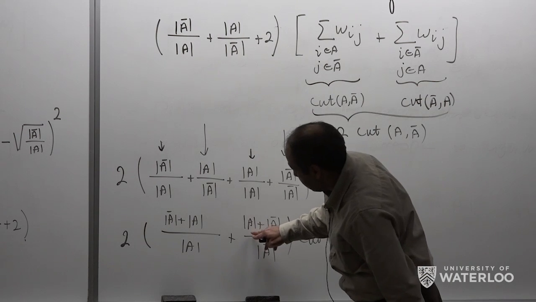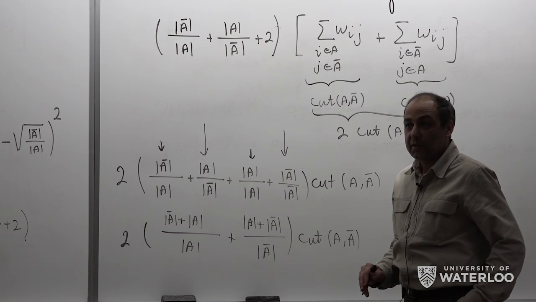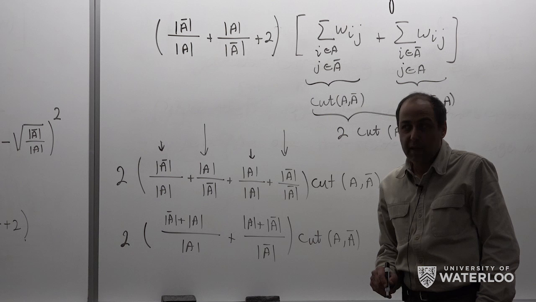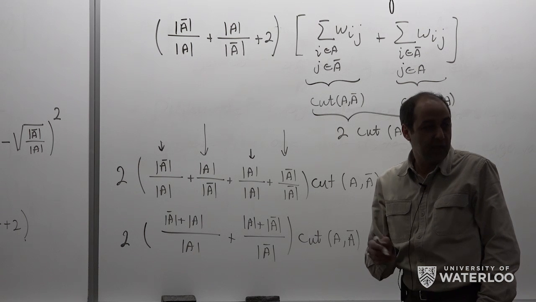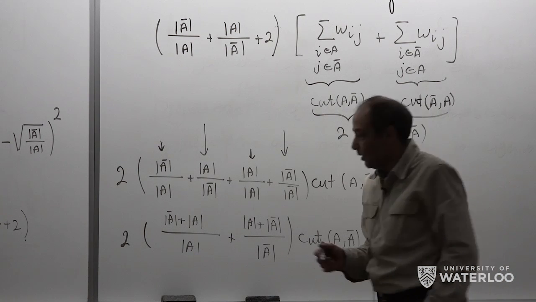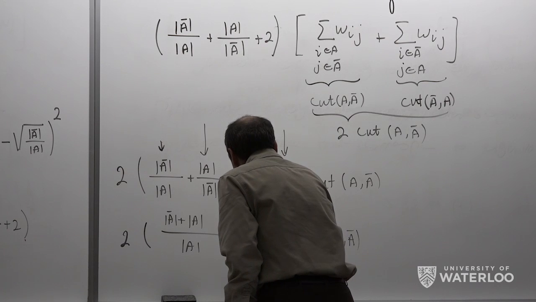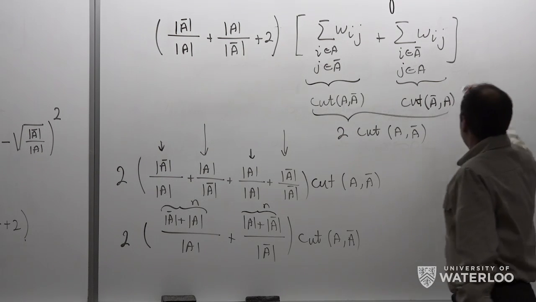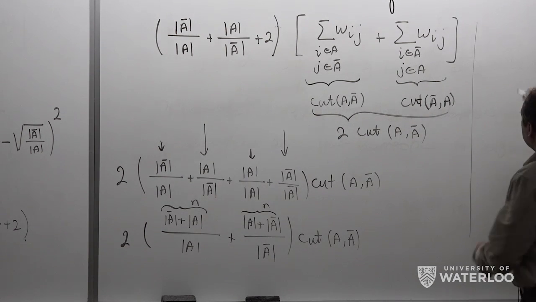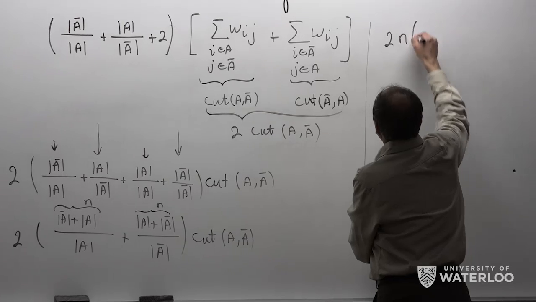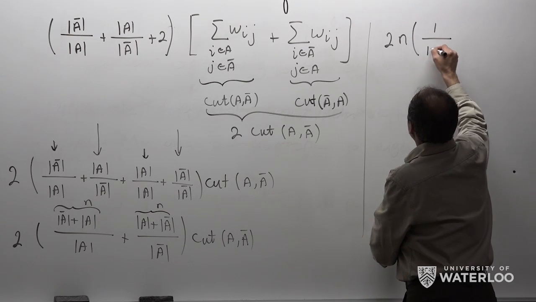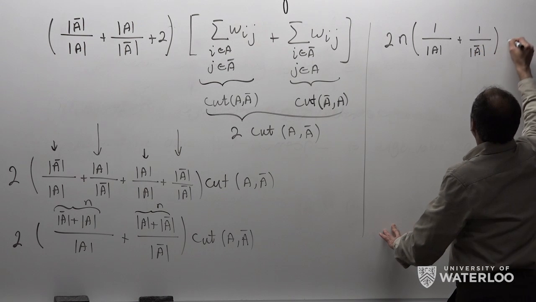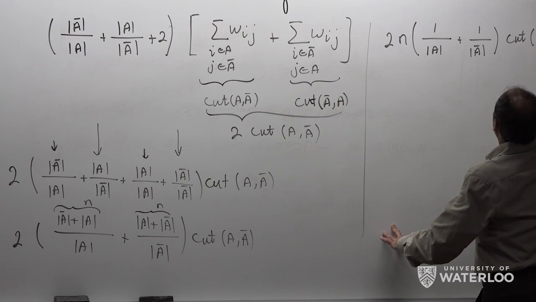What is cardinality of A plus cardinality of A bar? N, right? Which is the cardinality of V, which is N. So this is N, and I factor this N and take it out. It's 2N times (1 over A plus 1 over A bar) times cut(A, A bar).